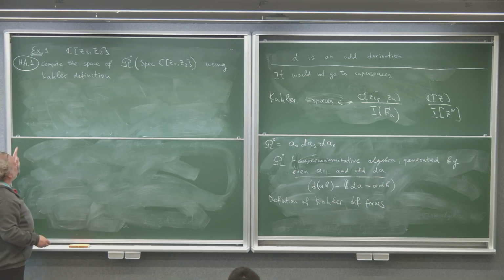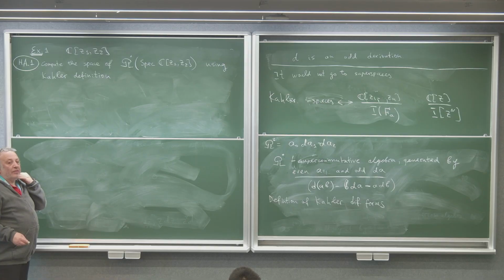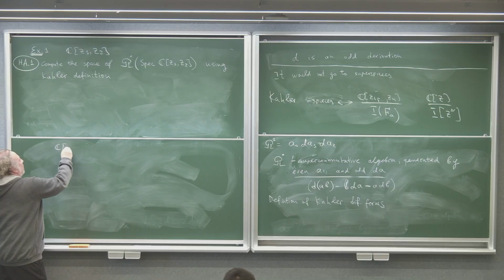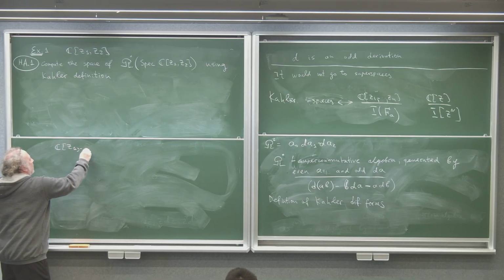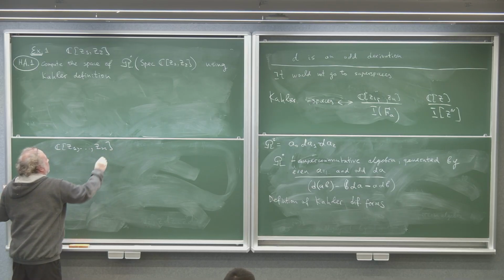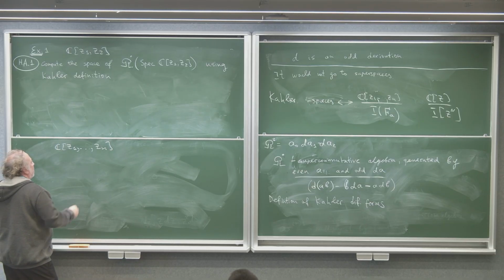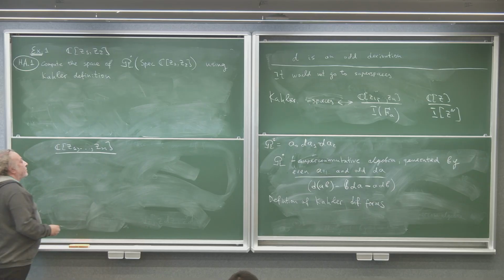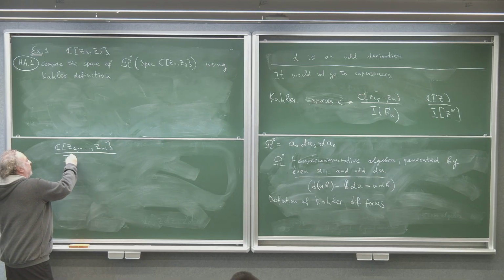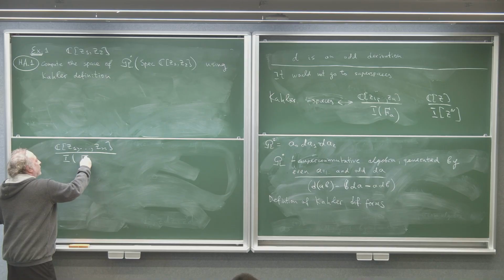Now, polynomials of two variables are not the only commutative ring that we may consider. Consider the following construction. I take polynomials in n variables. I divide by the ideal generated by a single function f.